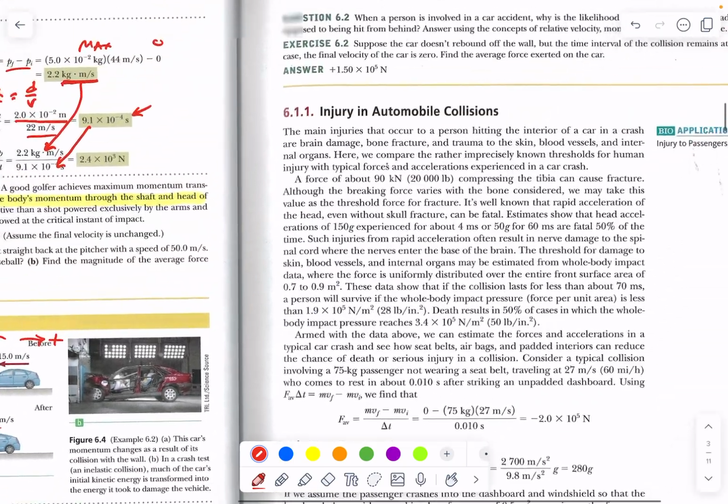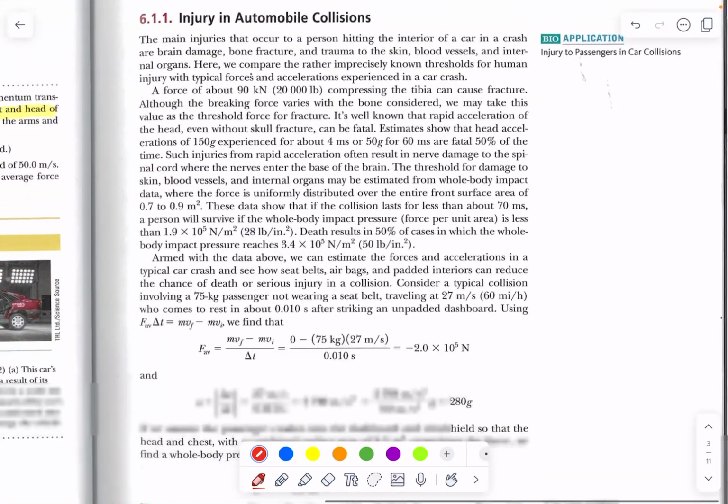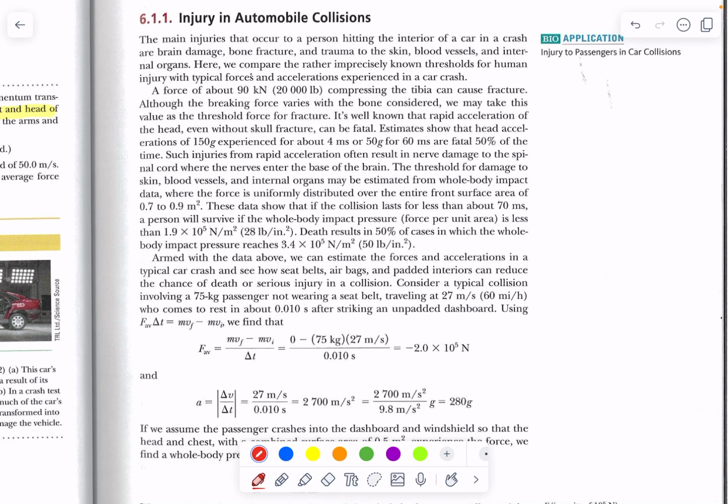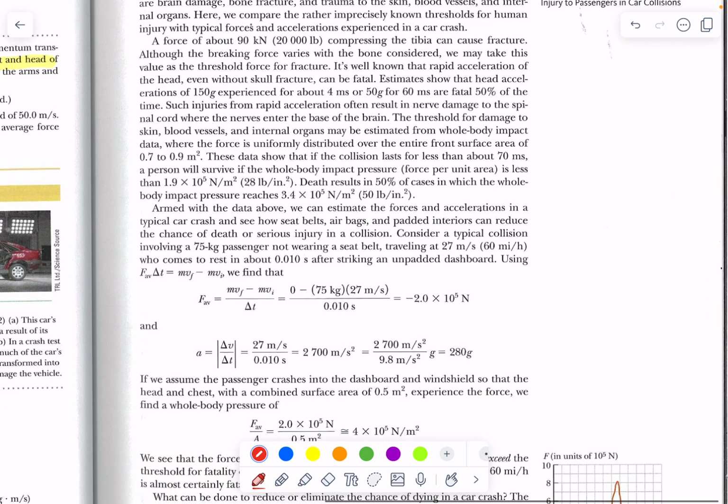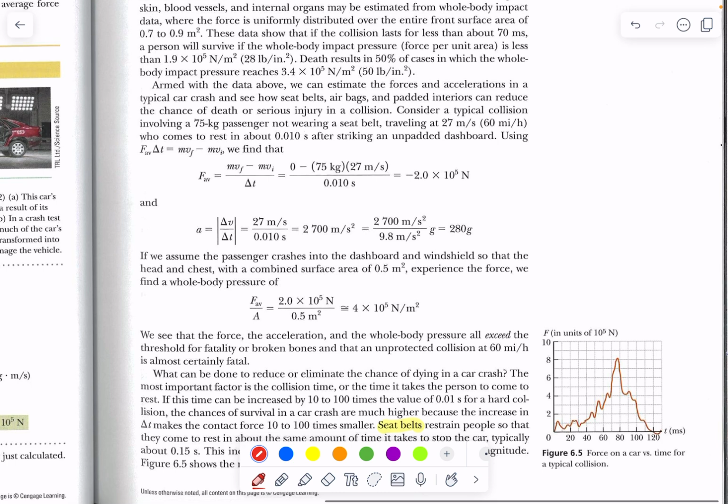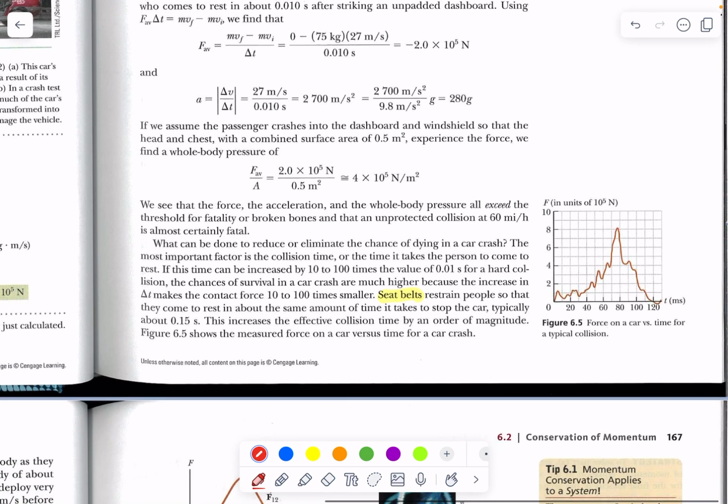And so here's a discussion which we're not going to take time for, talking about injury in automobiles and giving you some actual data of the kinds of numbers if you were to measure the impulse and the change in momentum for an individual. So instead of getting a really nice curve like this, the actual curve would be very, very irregular as metal crumples and things like that.